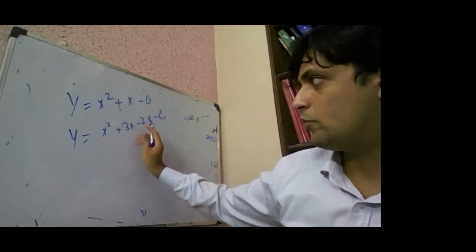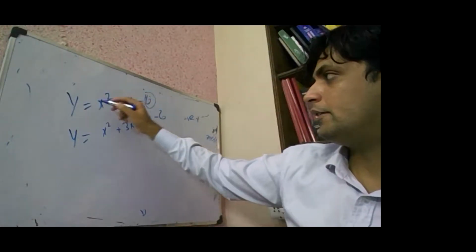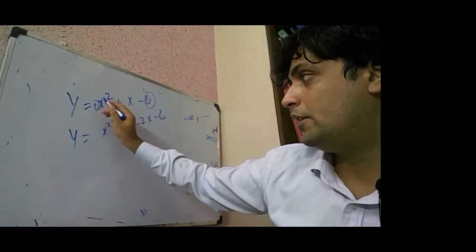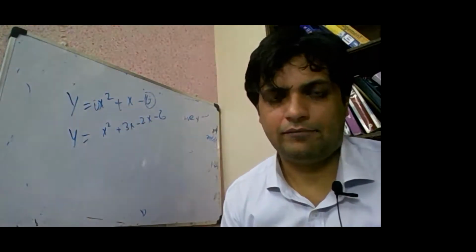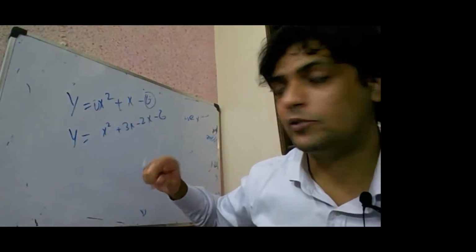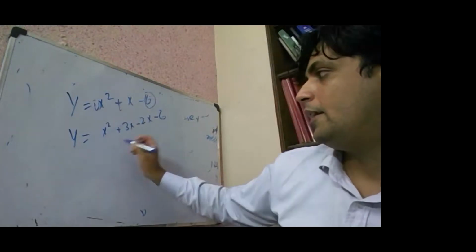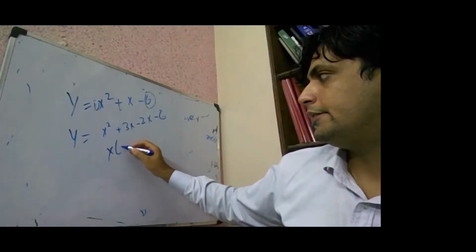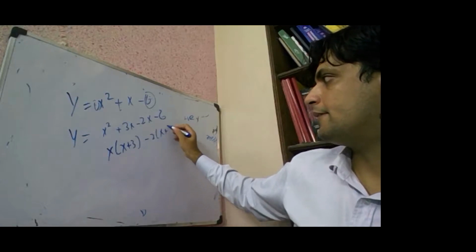How do we know what kind of factors we can use? We just multiply this constant with this constant, which is 1. So 6 ones are 6, and then we try to see the factors of 6. They can be different factors. 1, 6, no, I cannot get x with 1, 6. So I can get x with 3, 2. 3 minus 2 is 1. Now I can get the common x plus 3 minus 2 x plus 3.